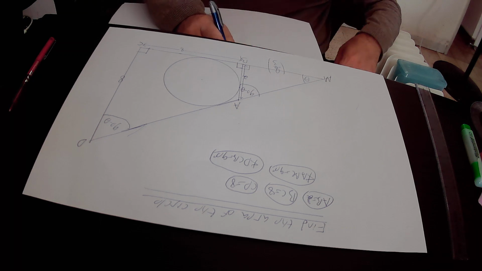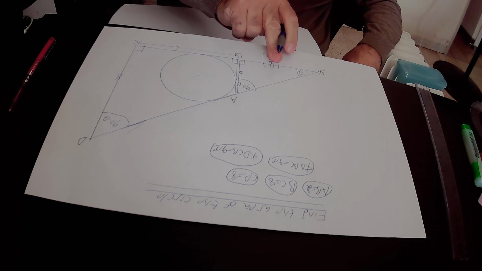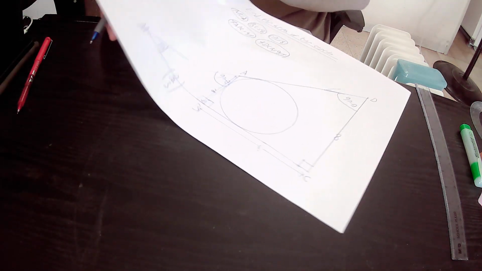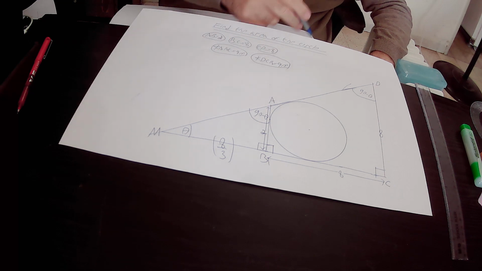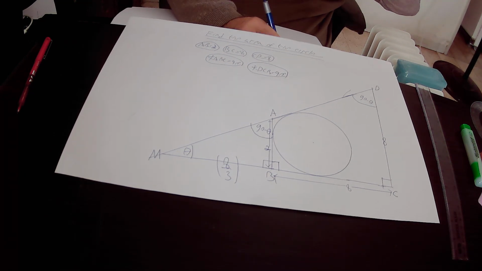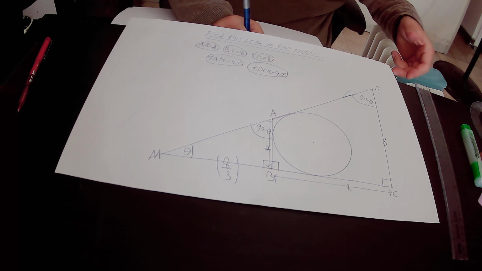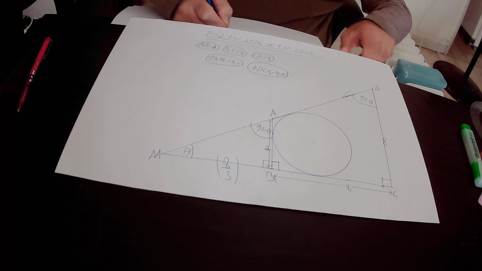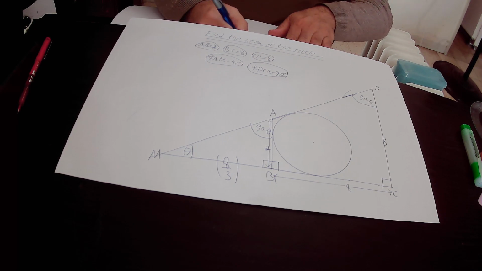In the next step, we focus on the right triangle AMB. We will apply the Pythagoras theorem to this right triangle AMB. Here PT is the abbreviation for Pythagoras theorem. According to the Pythagoras theorem, in any right triangle, the square of the hypotenuse equals the sum of the squares of the perpendiculars.